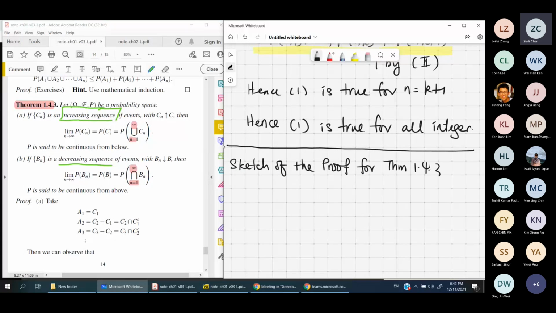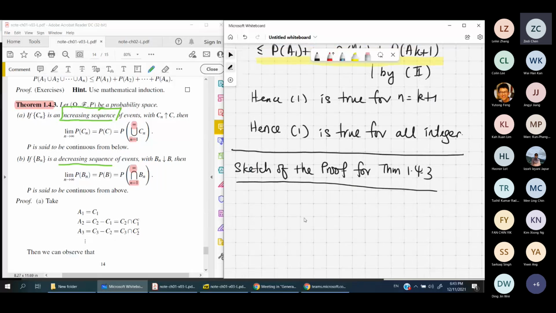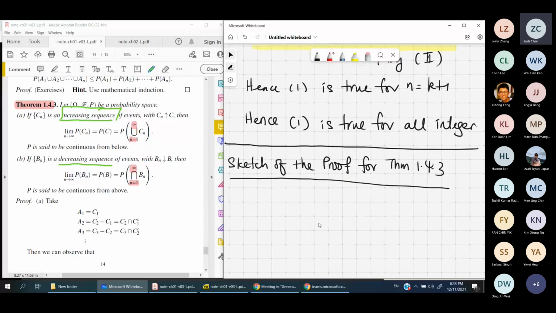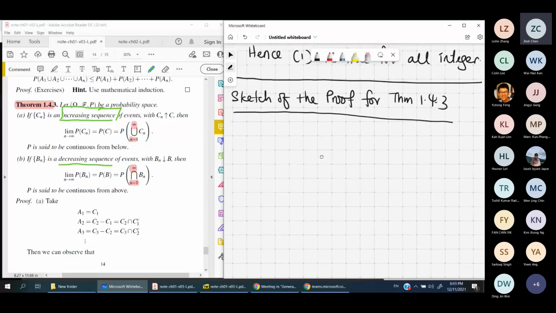So just briefly, I will give you the idea of how we're going to do this. First of all, this is an increasing sequence, and so on. That means it's getting larger and larger and larger, right?